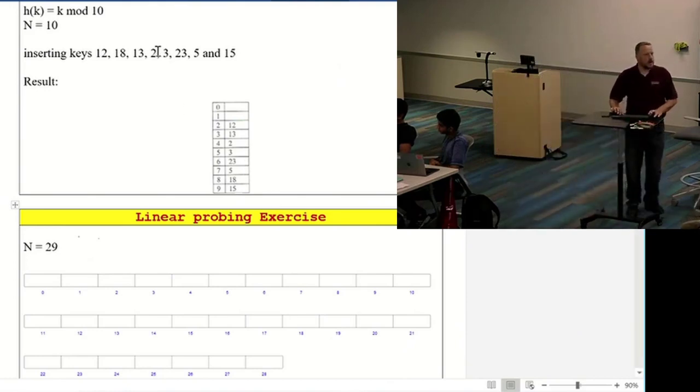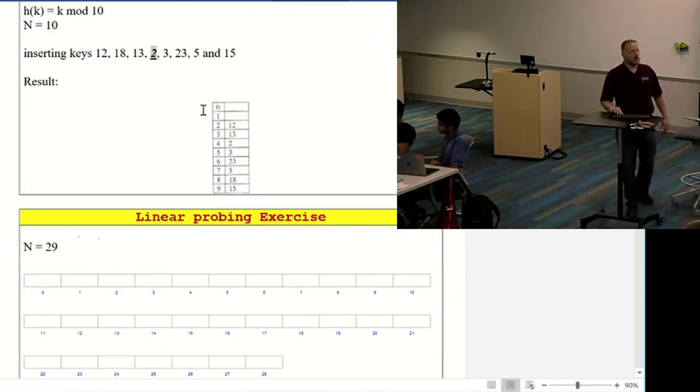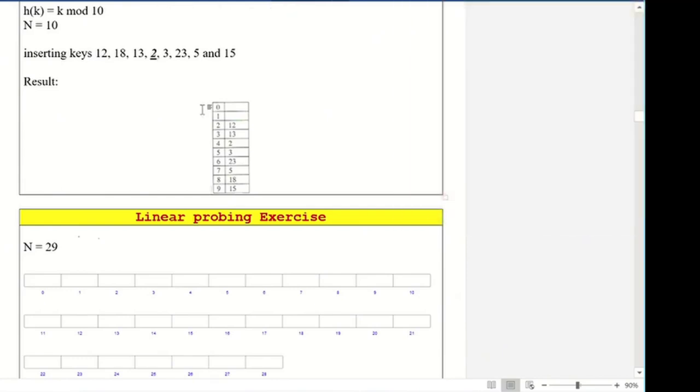Why I'm having you do that, and I'm going to draw it on the board here, is that I'm doing this from left to right, and again, I'm modding it by 10 just to keep it simple. 12 mod 10 is 2, so there's that one. No big deal. Filled in. 18 is 8. That one's done. 13 is 3. That one's done.